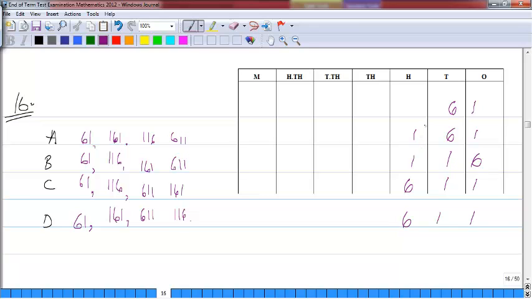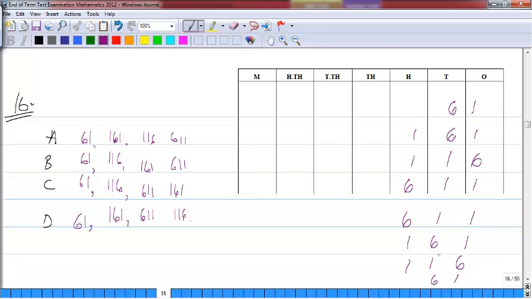We determine which one is larger by what happens in the tens column for those 2 numbers. And 6 comes before 1, so 161 would come next. Then of the 2 numbers that are left, which would be 116 and 61, because this has a digit in the hundreds column, 116 would come before 61. Now this here is the smallest number.